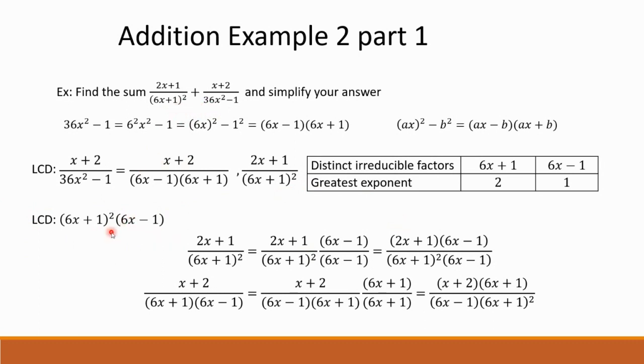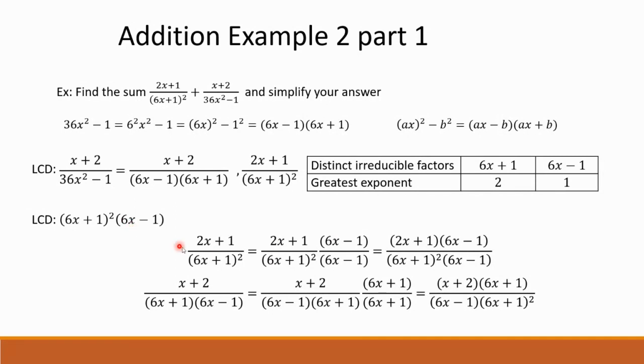Okay, so from the first rational expression, what we're missing is 6 times x minus 1. So we're going to get 2x plus 1 times 6x minus 1. Excuse me, we have to multiply the bottom by 6x minus 1. That's what we're missing here.